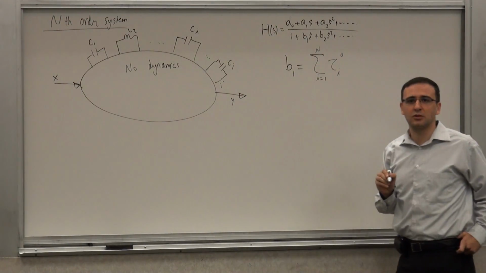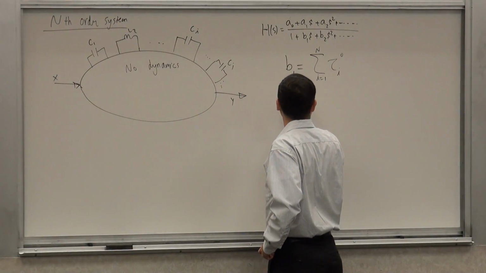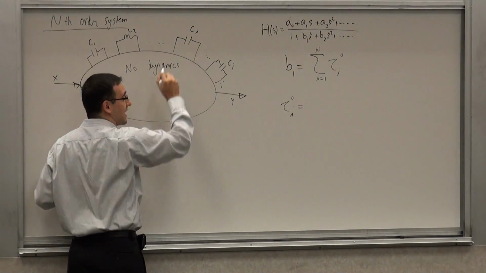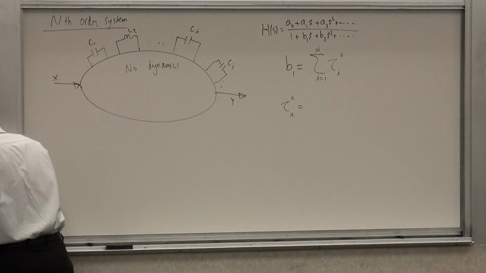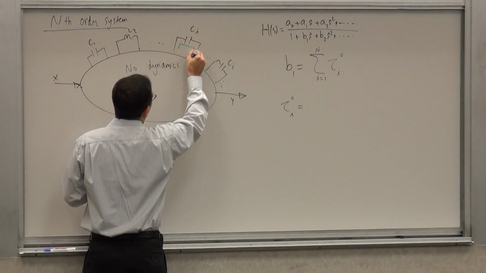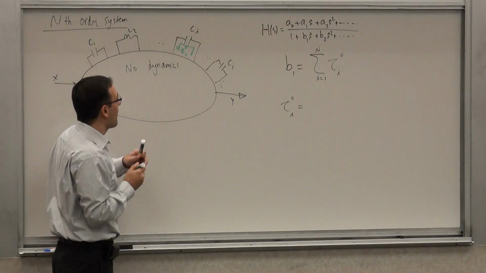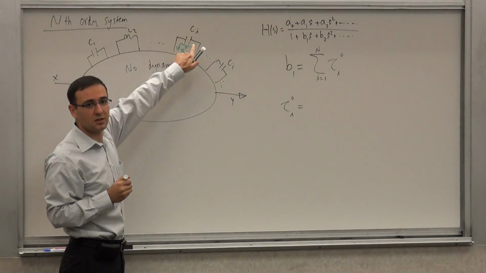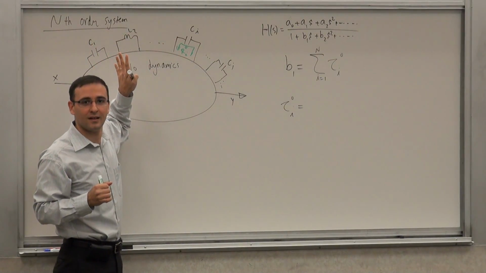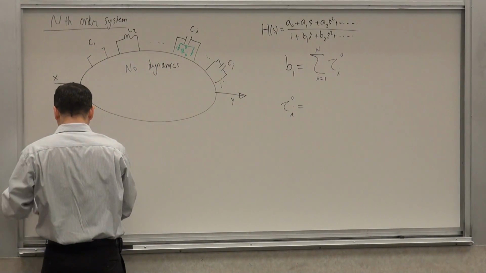And what are the zero value time constants? Zero value time constants, where tau I0, for instance, is when you look at this element, let's say element I, and you look at the resistance seen by this element, which we call Ri0, where the superscript 0 indicates that all the other elements have been zero valued. Namely, this guy is an open.